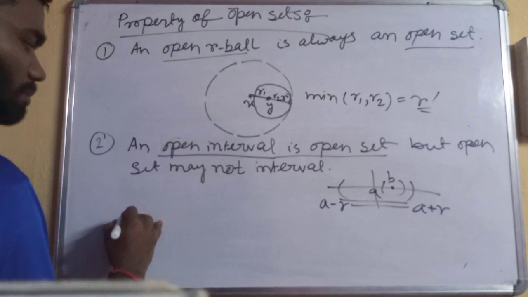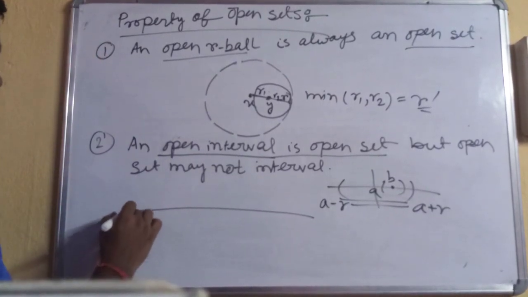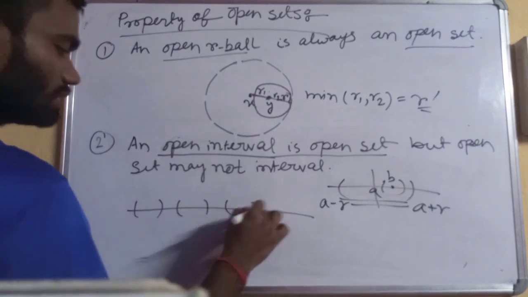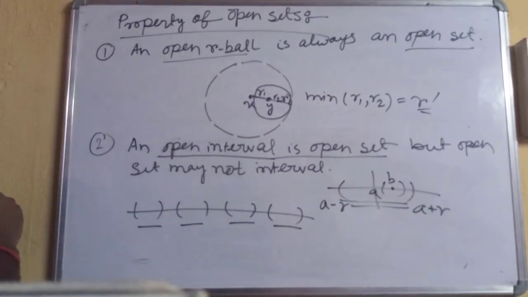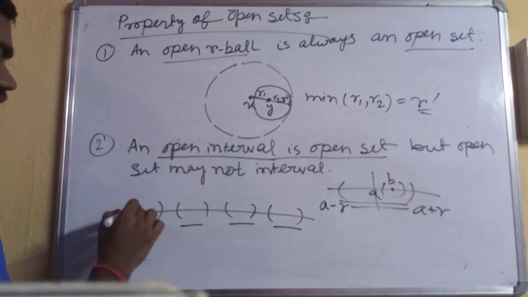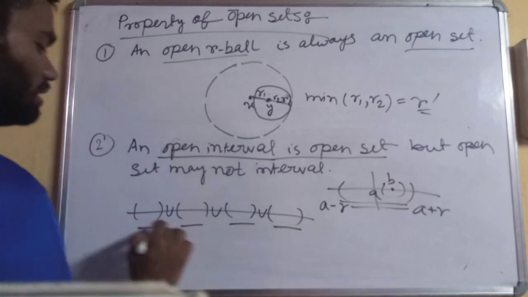Why? Suppose this is the set of real numbers, and we take some disjoint open intervals.